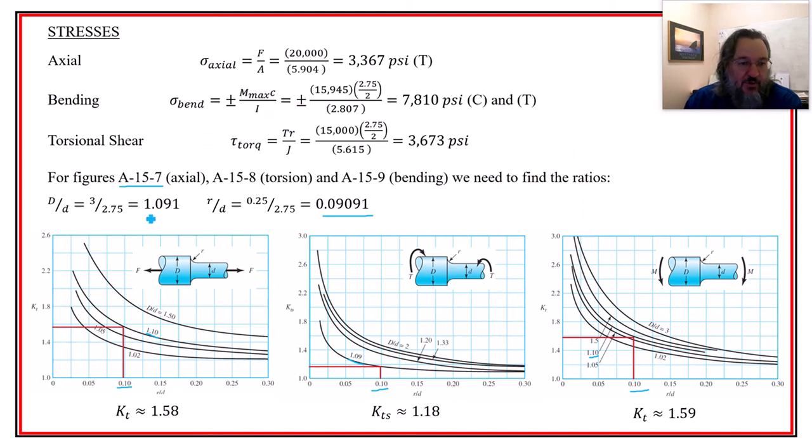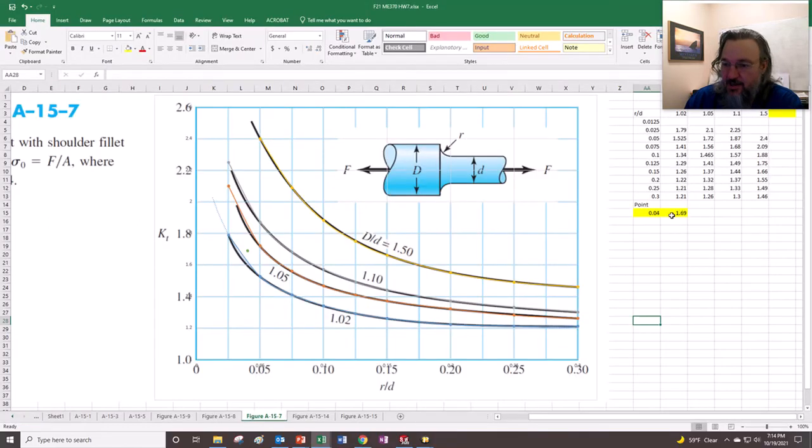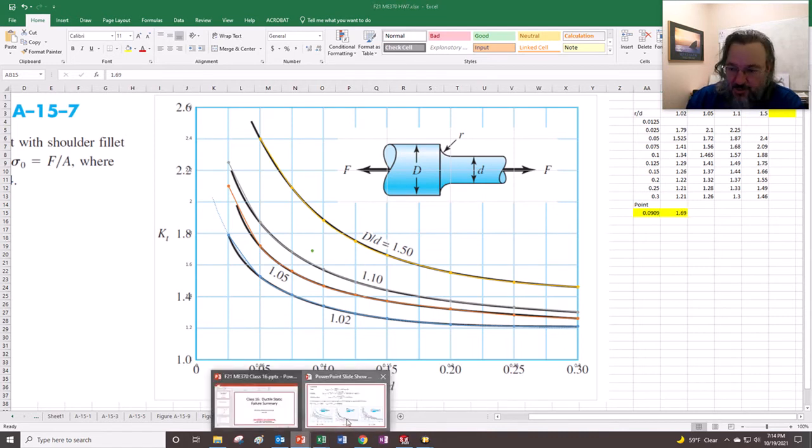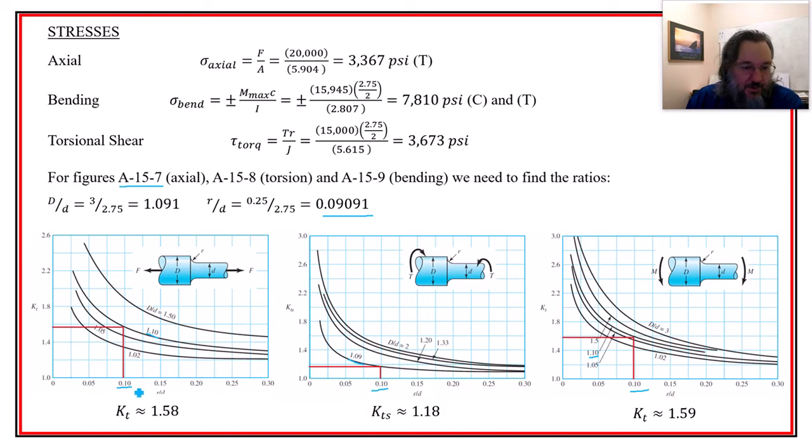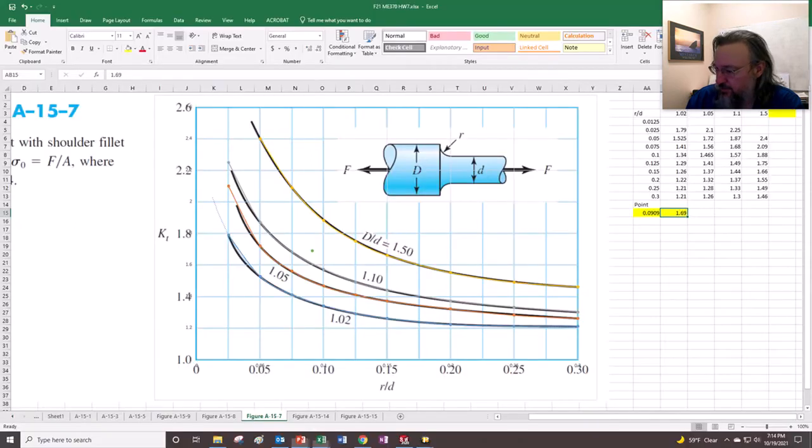I have 0.909, I could go back to my 0.909 and 0.0909 right there, boom. What did I say the factor was here? I said it was 1.58. So I could double check with my 1.58, and you can see where that goes.